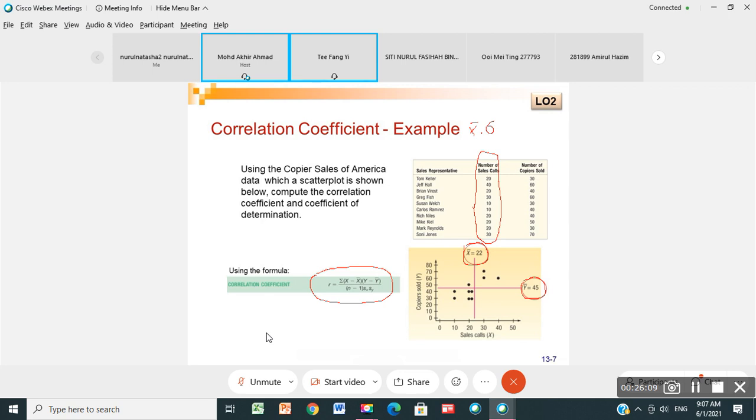Okey, lagi satu group. Boleh minta Nurul Najwa. Okey, kita pergi ke Ahmad Nasharuddin. Then Muhammad Arif.